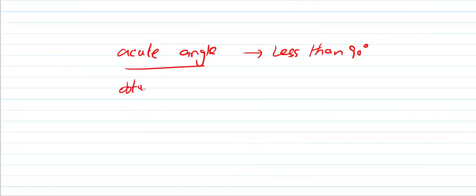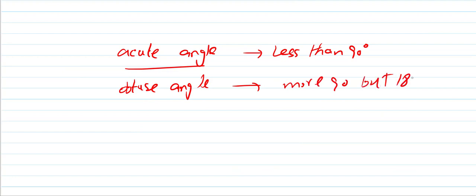An obtuse angle is an angle more than 90 but less than 180. Between 90 and 180, we call it the obtuse angle. Okay. It's more than 90 but less than 180. We call it the obtuse angle.